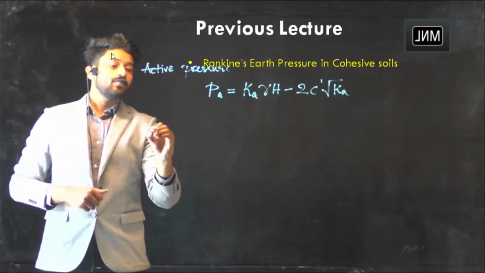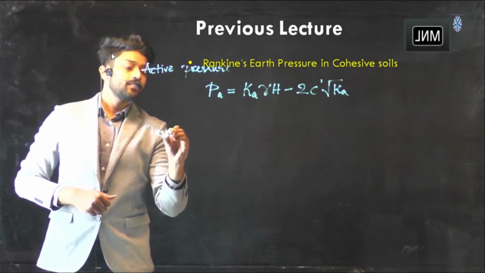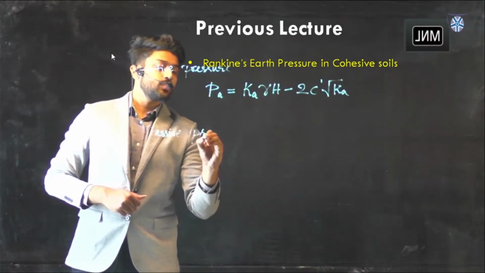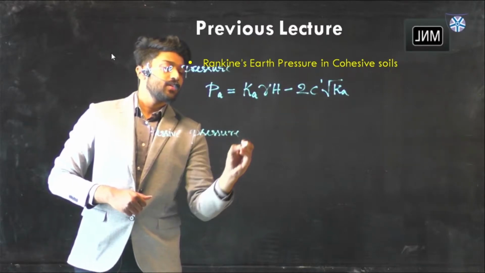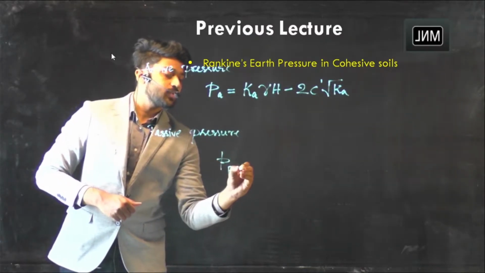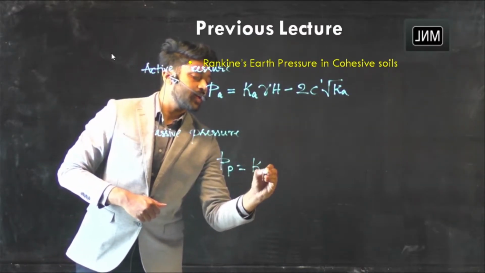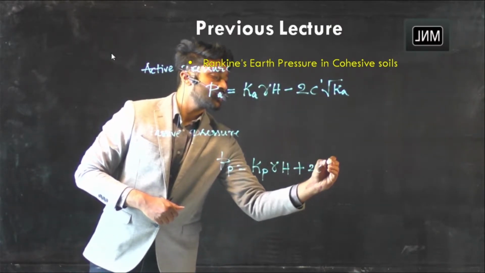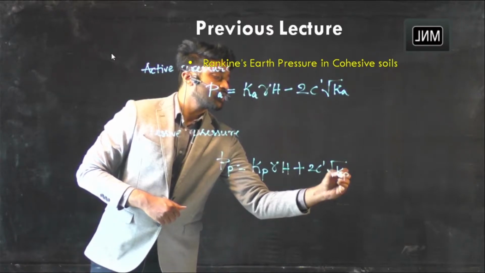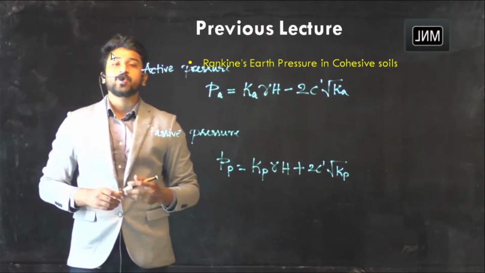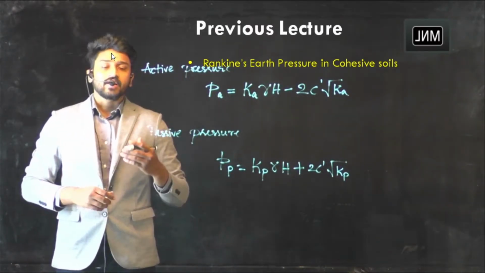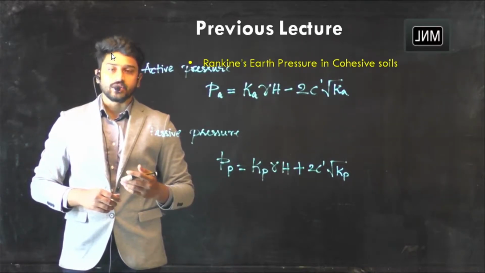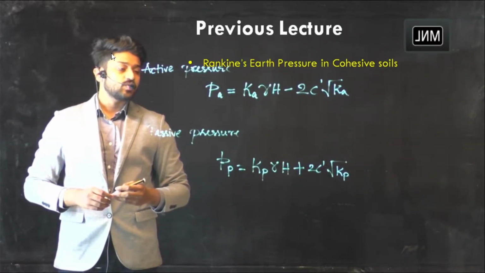But in case of passive pressure, we obtained PP as Kp into gamma h plus 2c dash root over Kp. So this is the difference between the active pressure we obtained for Rankine's earth pressure in cohesive soils and the passive pressure.